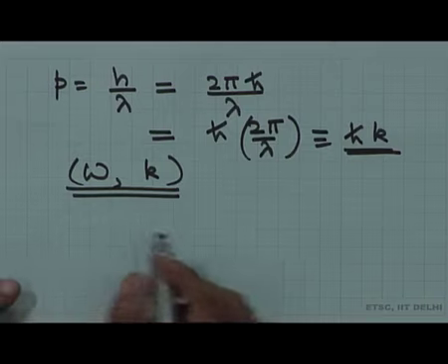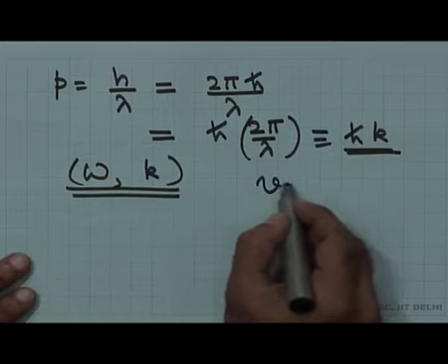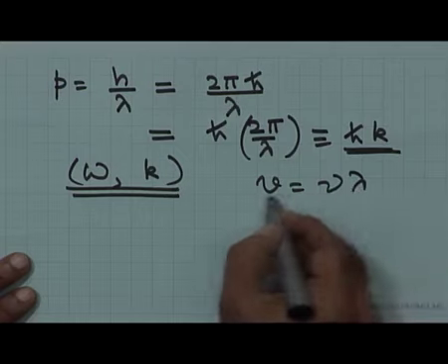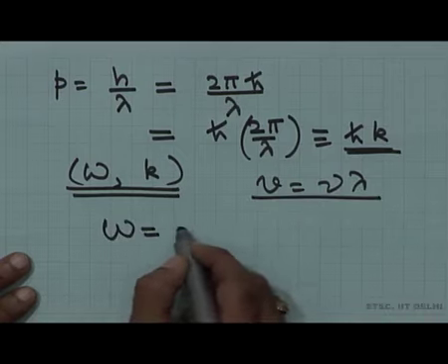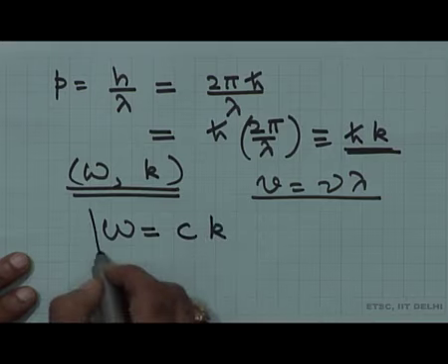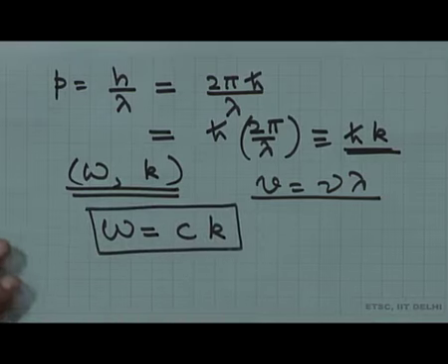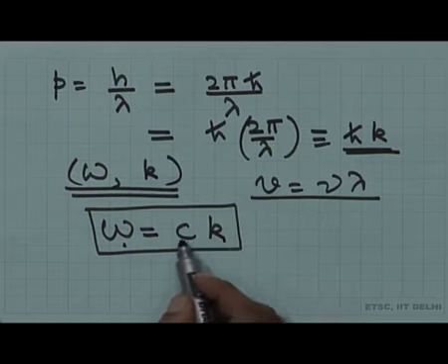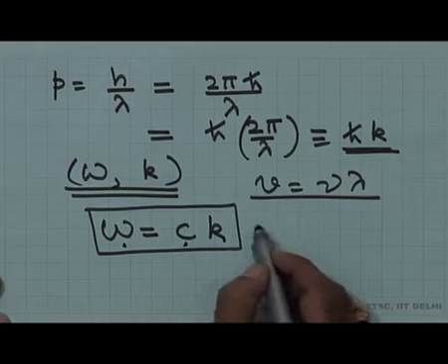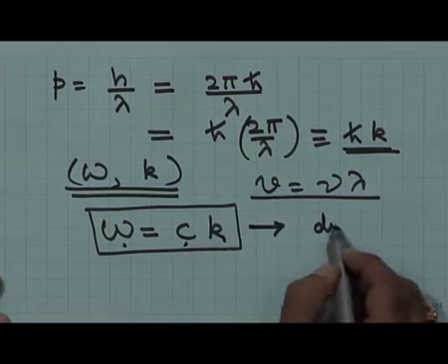When we wrote it in terms of nu and lambda, we wrote c equal to nu lambda. The same relation becomes omega equal to ck. So this is the standard way we represent the relation between the angular frequency of the photon, the wave number of the photon, and the speed of light. And this relation is what is called a dispersion relation.